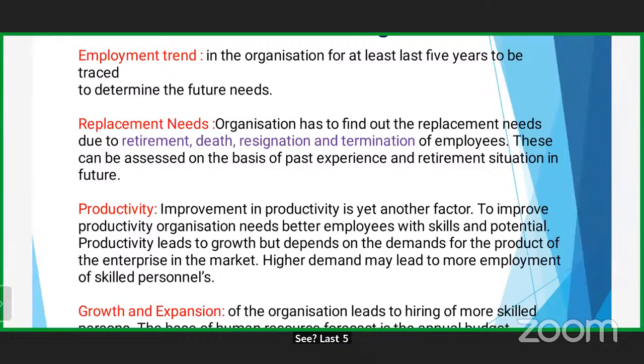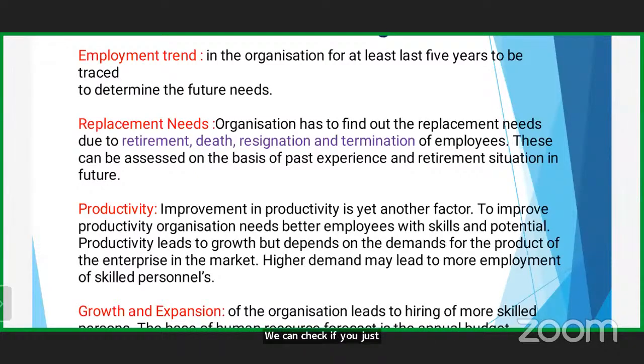Suppose, for example, in 2017, the number of people who worked in the organization, the existing manpower of 2017. Based on the last 5-year trend, we can take the future step.